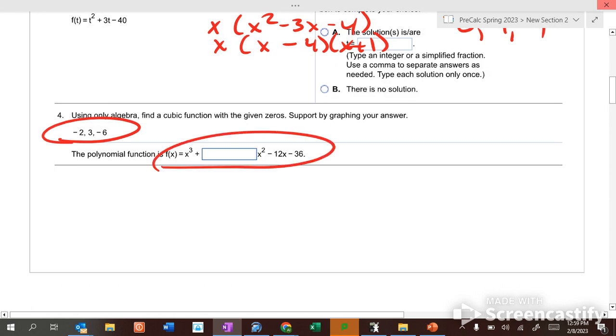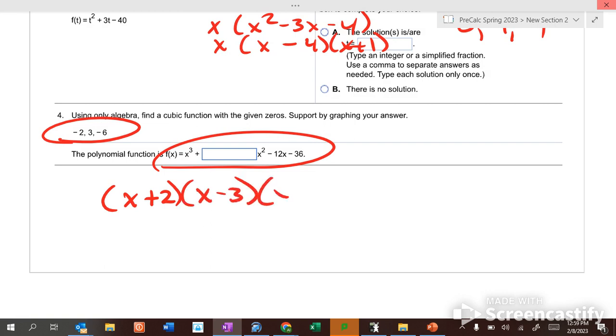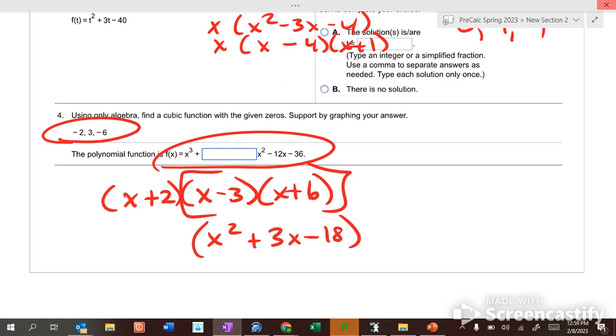How do I find my function? Well, -2 gives me an x plus 2. 3 gives me an x minus 3. -6 gives me x plus 6. FOIL these two, x squared plus 3x minus 18.